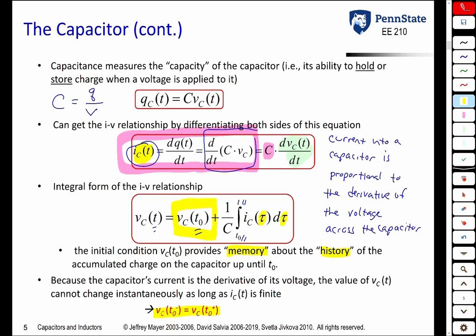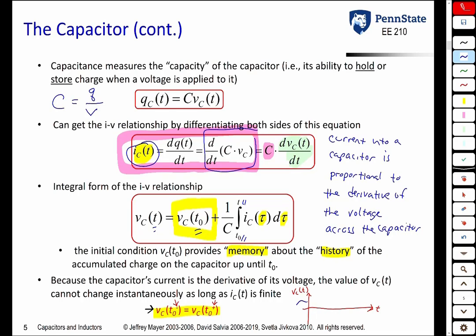We say that the voltage across the capacitor at time t naught minus, that's what this little minus means, is the instant right before time t naught. The voltage across the capacitor at time t naught minus is equal to the voltage across the capacitor at t naught plus, which is the instant right after time t naught. Basically what this means is that if you plotted the voltage across the capacitor versus time, you cannot have a situation like this.